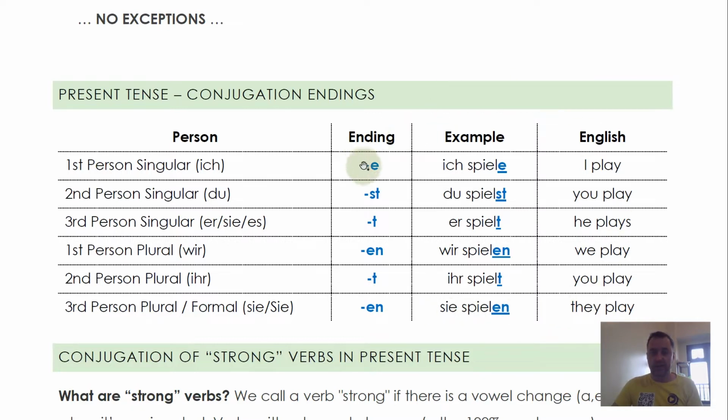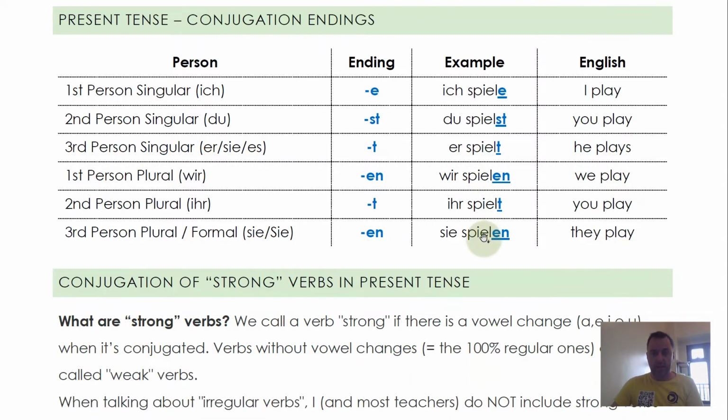So here you can see those are the different endings. And there are very few exceptions to this. Those endings work for 99% of all the verbs in German present tense. It will always be this ending.